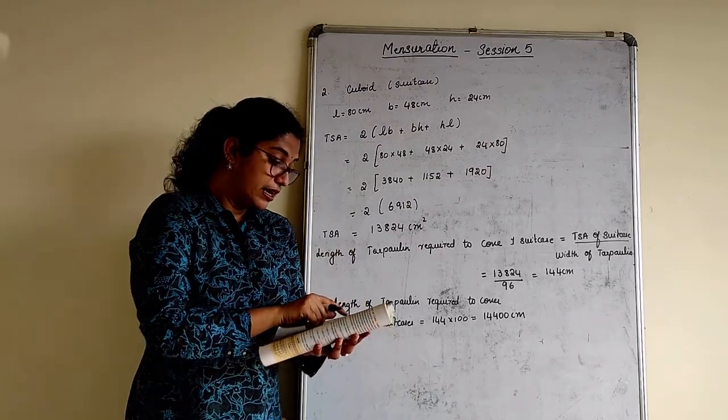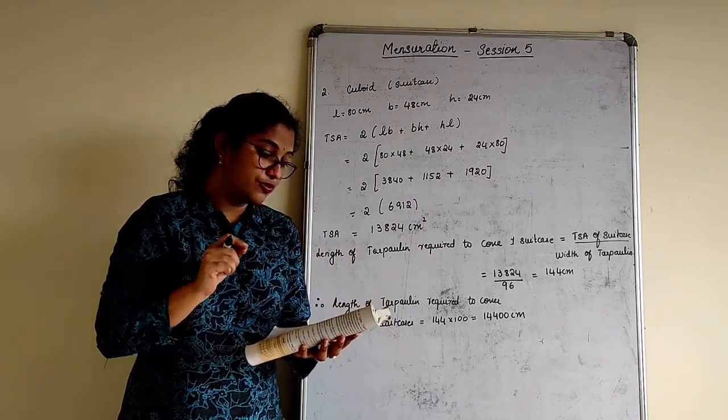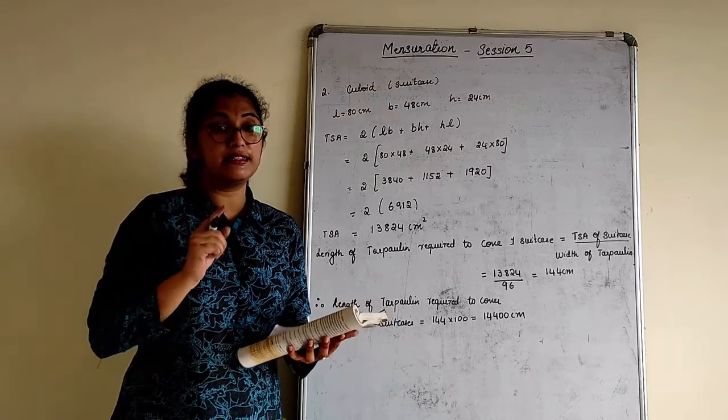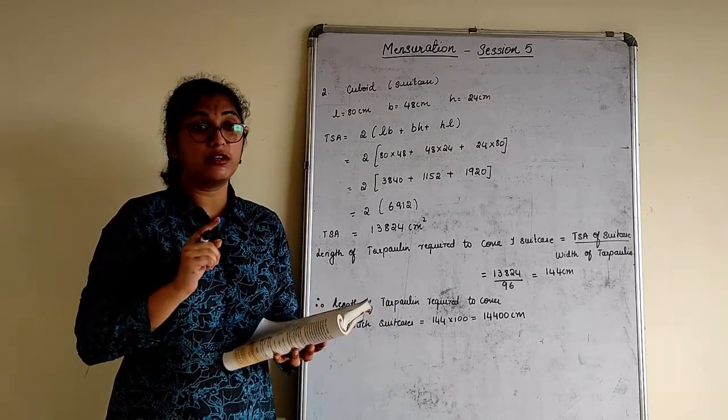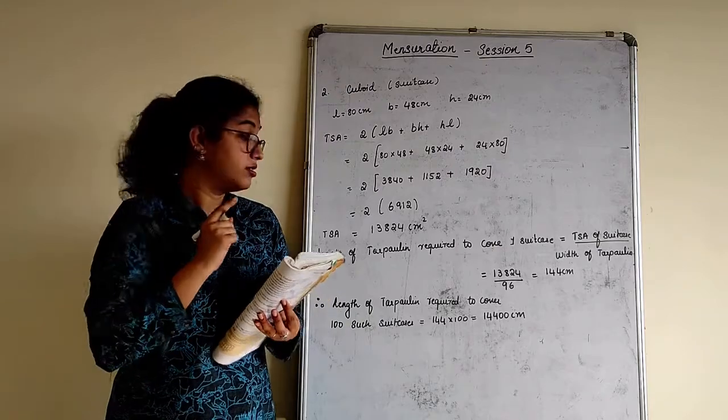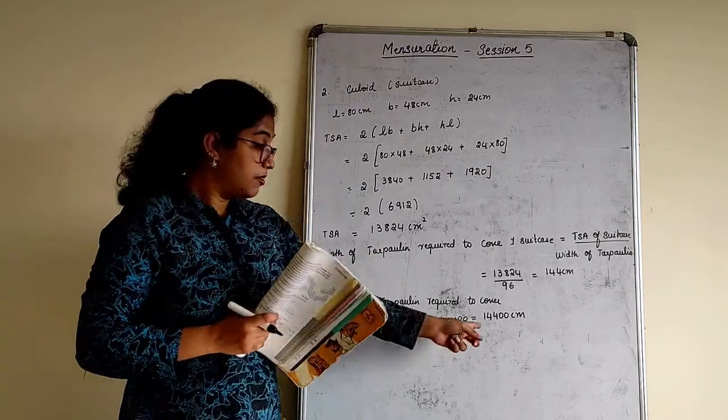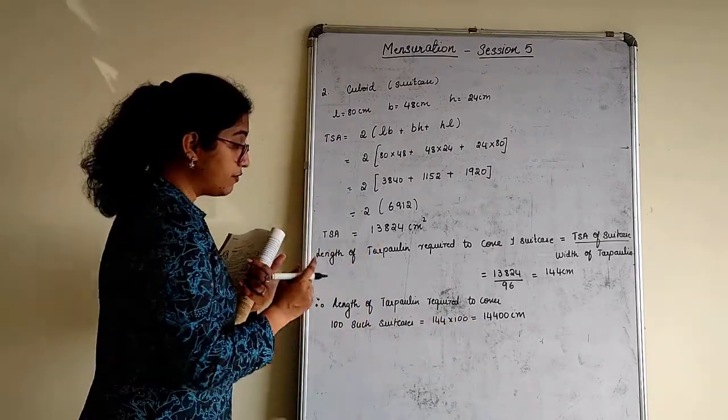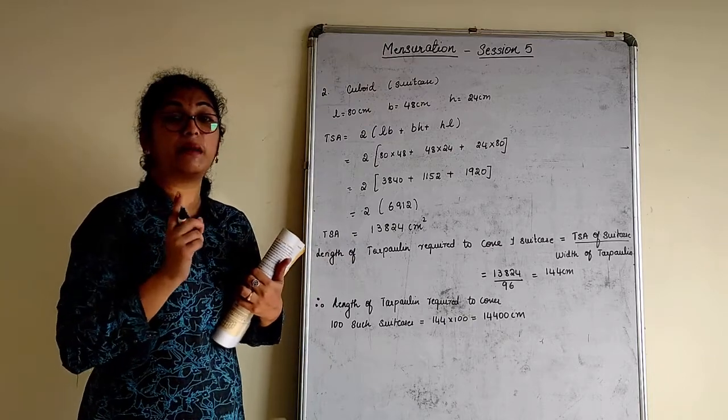Once again, how many meters of tarpaulin of width 96 centimeter is required to cover 100 such suitcases? How many meters of cloth? So length of tarpaulin required should be in terms of meters.